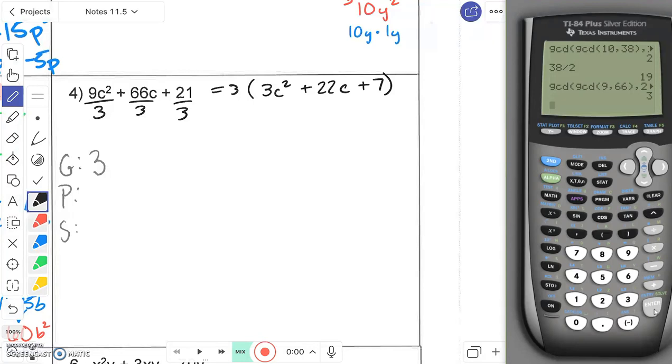Okay, so now I can go about getting my product and my sum. So my product, again, is A times C, which I want to put inside my box. So I got my box.